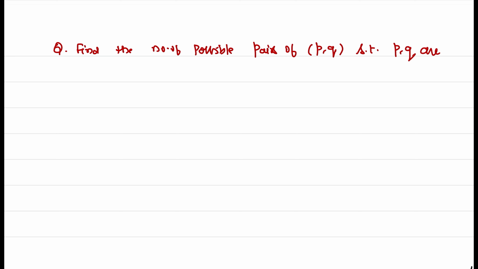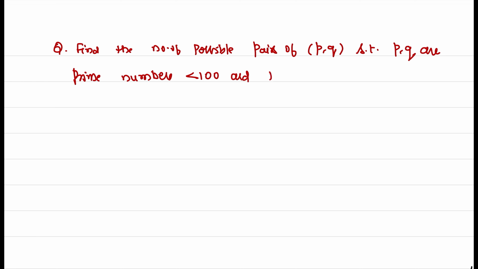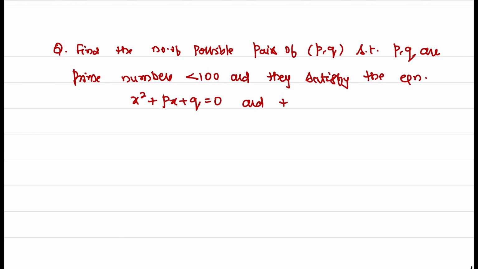Here, what is the question given? Find the number of possible pairs of p and q such that p, q are prime numbers less than 100 and they satisfy the equation x² plus px plus q is equal to 0 and this equation does not have real roots.